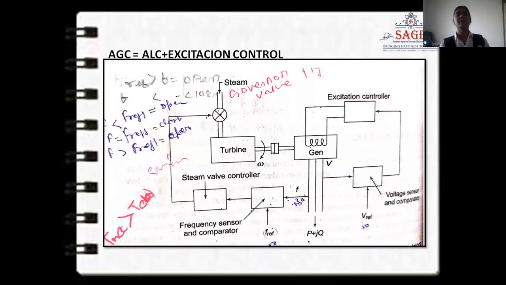In this diagram, we can see a turbine, generator, excitation controller, voltage sensor and compensators, frequency sensor and comparator, steam valve controller, and steam. The power system operations considered so far were under steady load conditions.